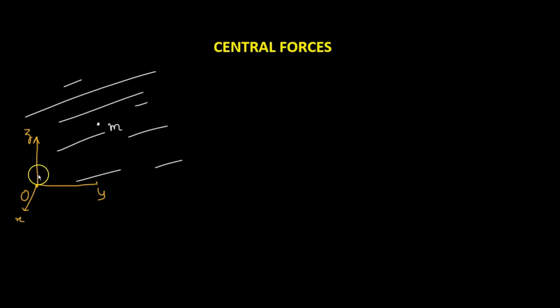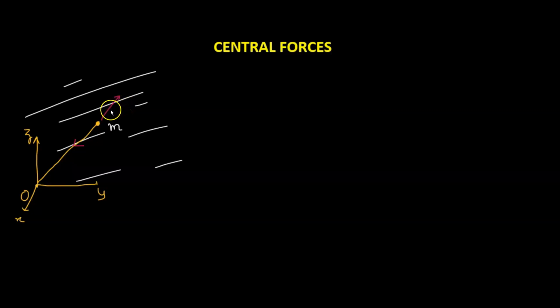Then we immediately see the force that acts on this particular object of mass m. We join the fixed point and the position of the particle with a straight line, and then we see along this straight line whether the force is acting towards this fixed point or away from this fixed point.